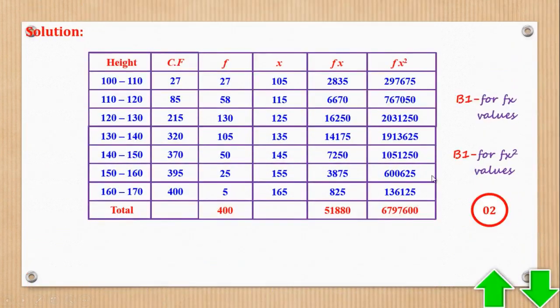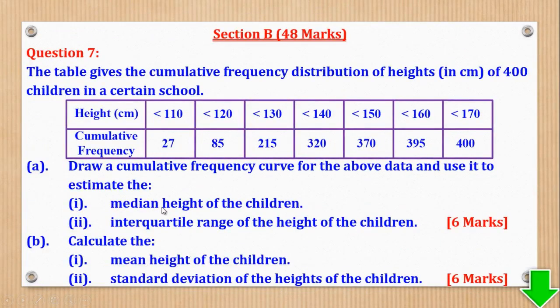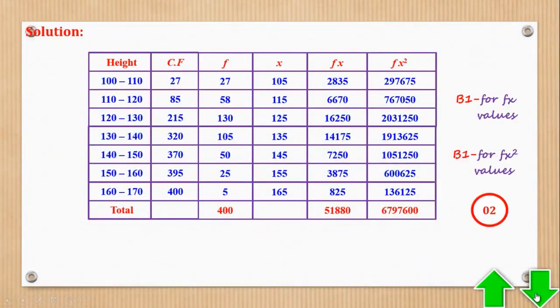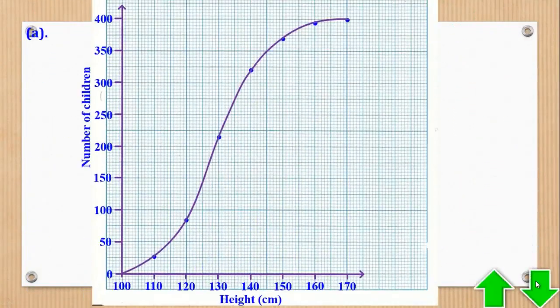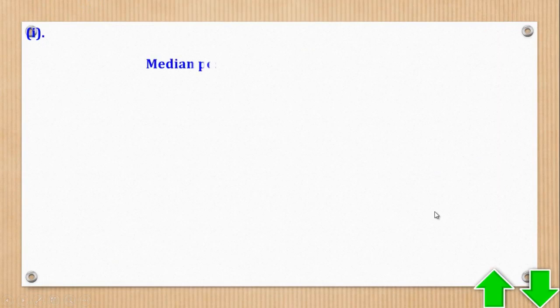For A Roman 1, they ask for the median height, and A Roman 2, they ask for the interquartile range. So we shall start with Roman 1, median height. For median height, you need to first get the median position. Median position is a half n, which is a half times 400, the total frequency, to give you 200.